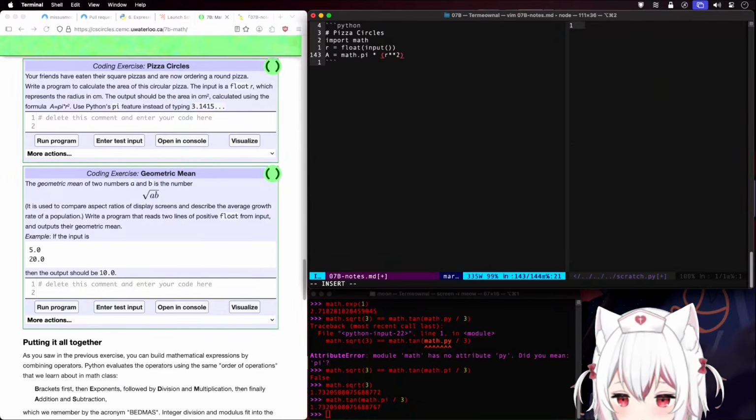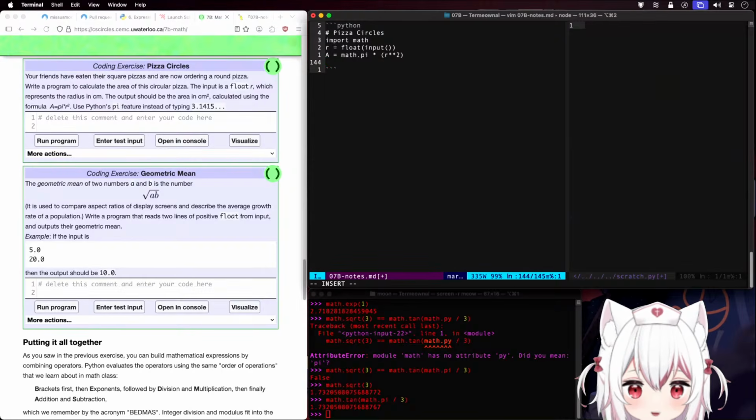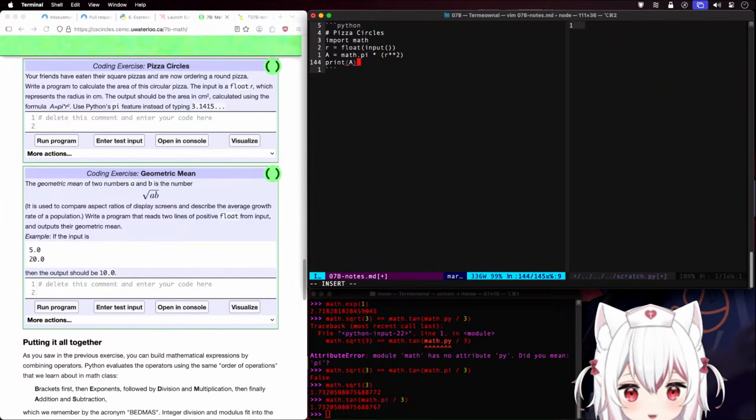The output should be an area in centimeters squared.